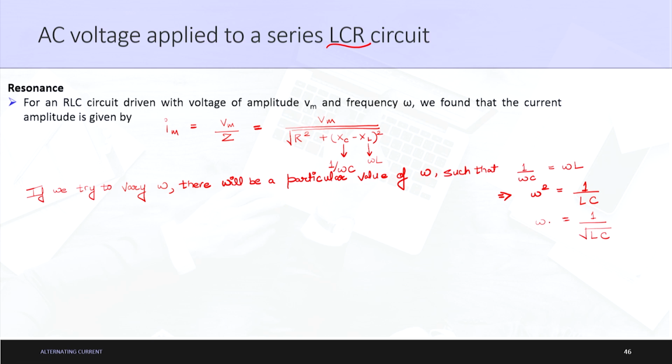This value of omega is denoted by omega naught, and this is what is called the resonant frequency.